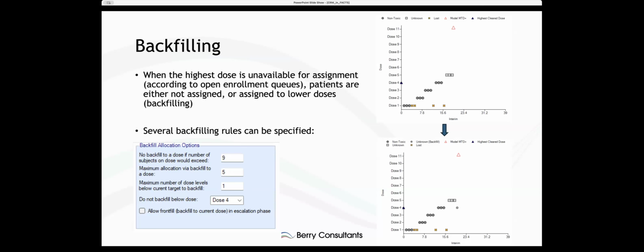We also might not want to backfill to all of the doses. So in the example that I mentioned, if we think that 175 is the minimum efficacious dose, then we wouldn't want to backfill patients below that. And we might also not want to backfill too far away from our current escalation dose.